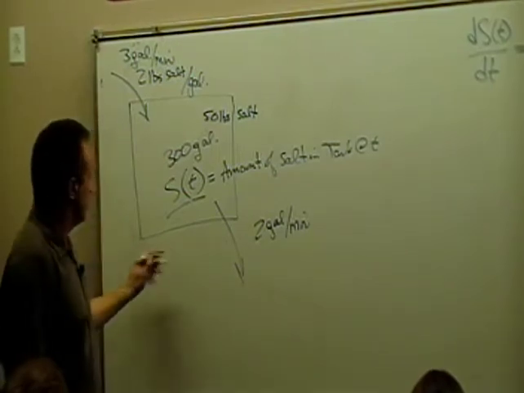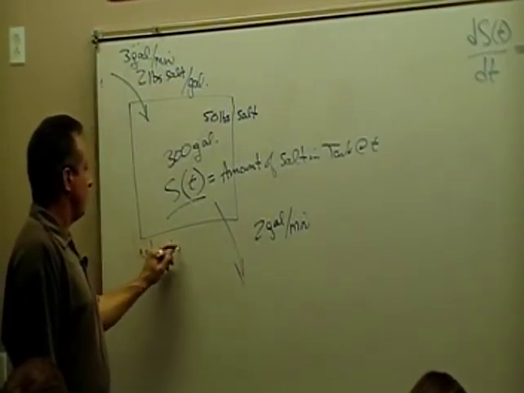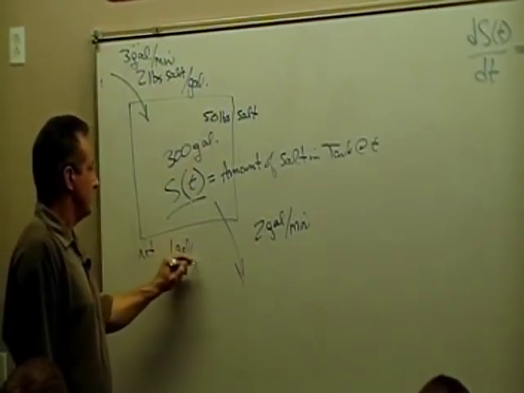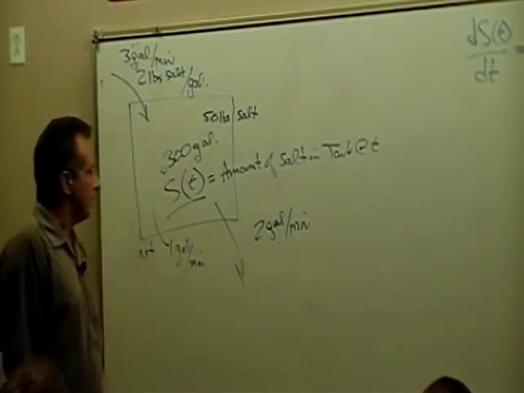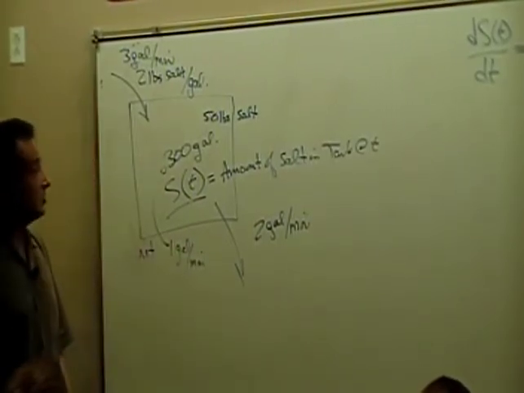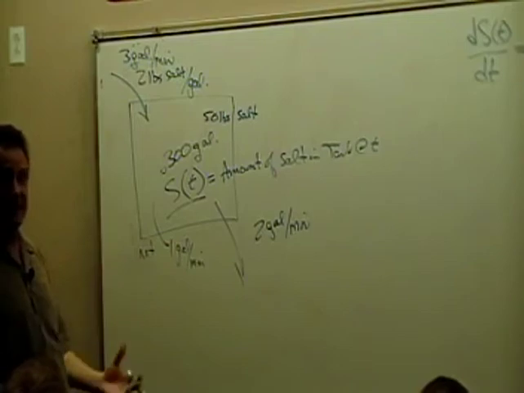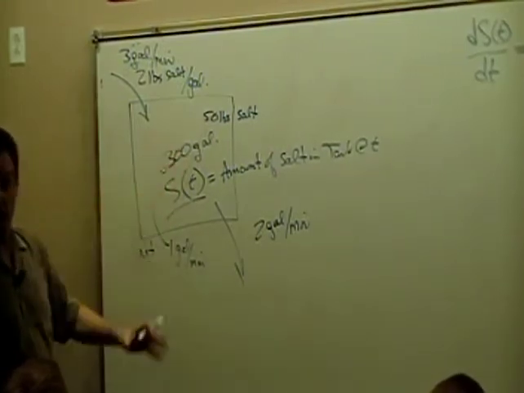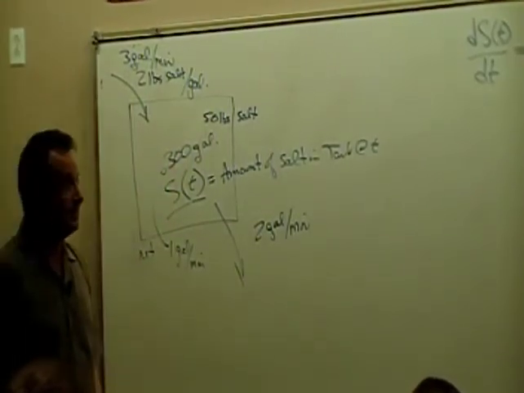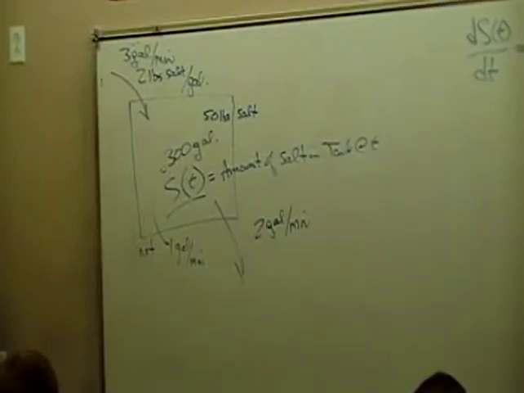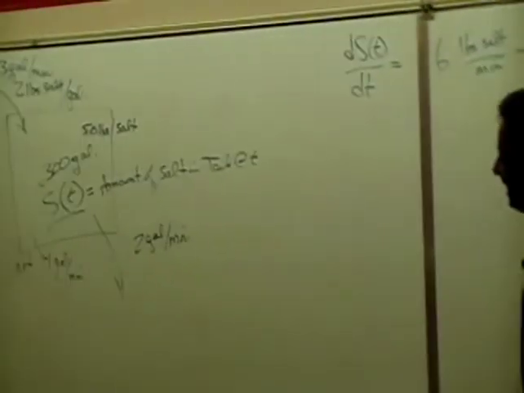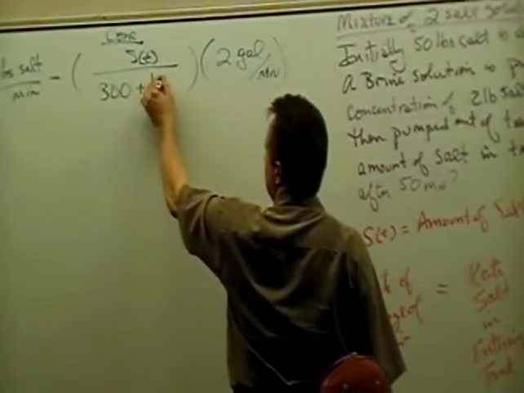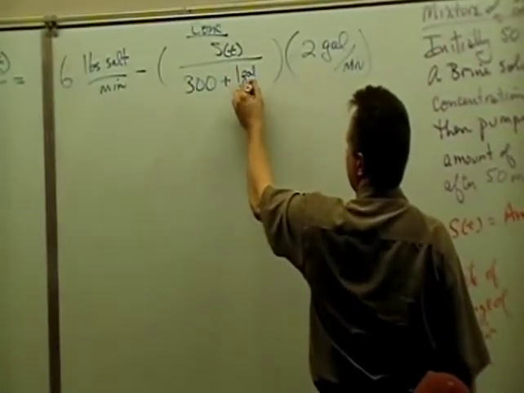So there's a net of 1 gallon per minute being added to this 300 gallons. So the total volume of the salt solution at any given time t would be 300 plus 1 gallon per minute times t minutes.